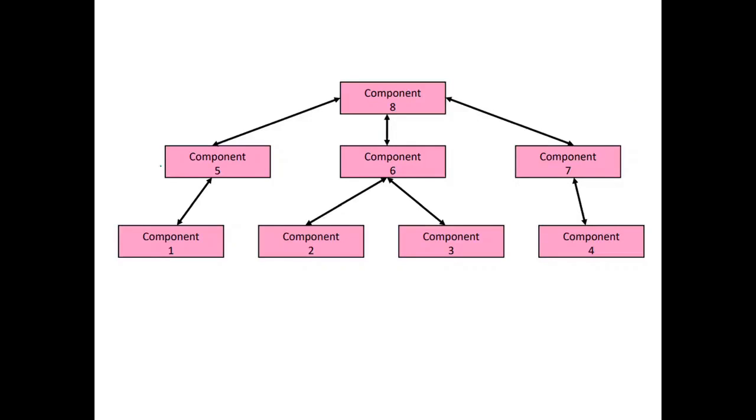This is the diagram of bottom up integration testing. First the bottom level modules will be tested. Then see, from 1 to 5, then 2 to 6, then 6 to 3, then 7 to 8. Then you start testing from 8 to 5, 5 to 1, then 8 to 6, 6 to 2, then 8 to 6, 6 to 3, and so on.